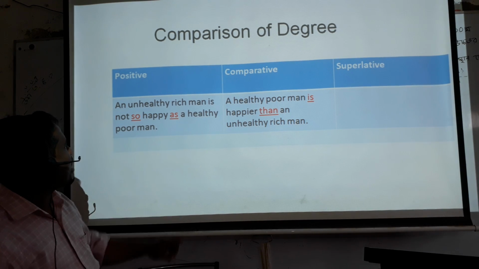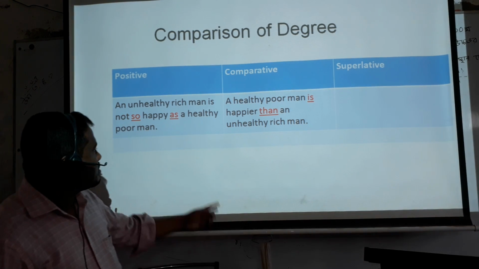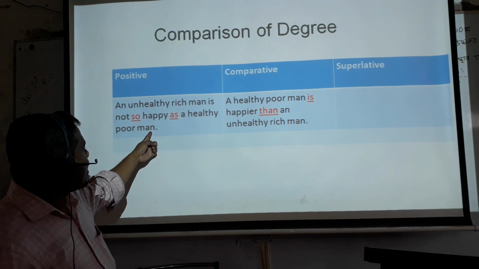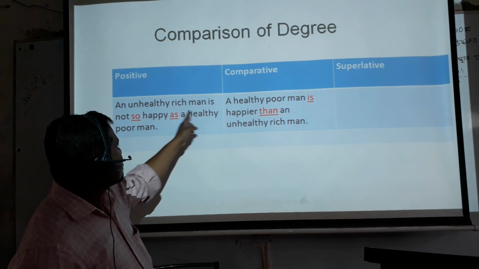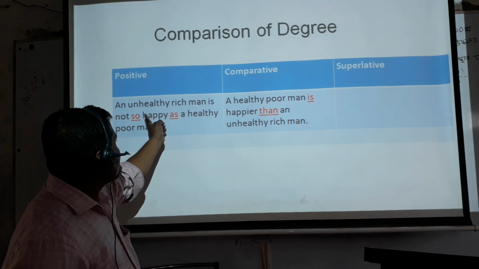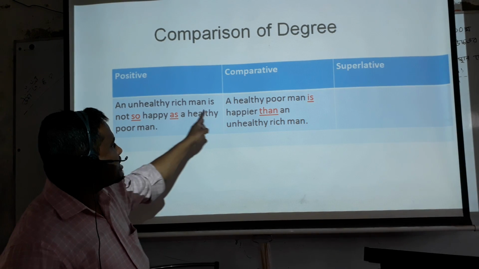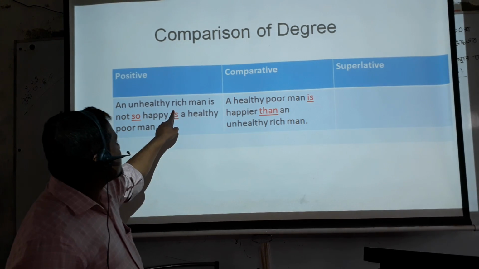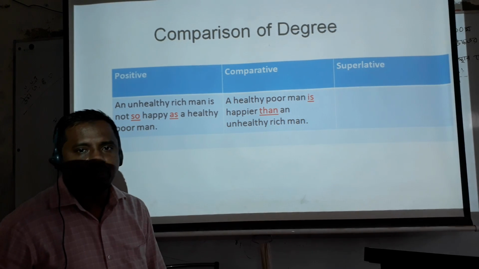An unhealthy rich man is not so happy as a healthy poor man. Now, a healthy poor man was the last subject of this sentence, or I would say noun phrase. This phrase became the subject of this comparative sentence. A healthy poor man, the verb remains the same, is. The comparative form of happy is happier. Then you have to use than in place of as, and the first subject, an unhealthy rich man.